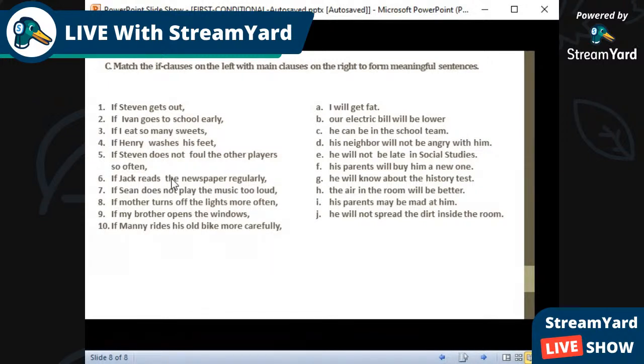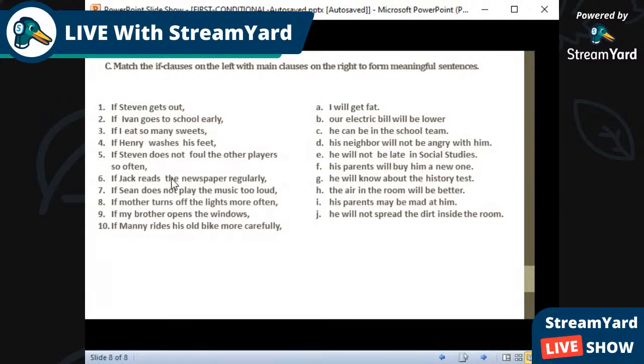Number 6, if Jack reads the newspaper regularly. Number 7, if Sean does not play the music too loud. Number 8, if mother turns off the lights more often. Number 9, if my brother opens the windows. Number 10, if Manny rides his old bike more carefully.